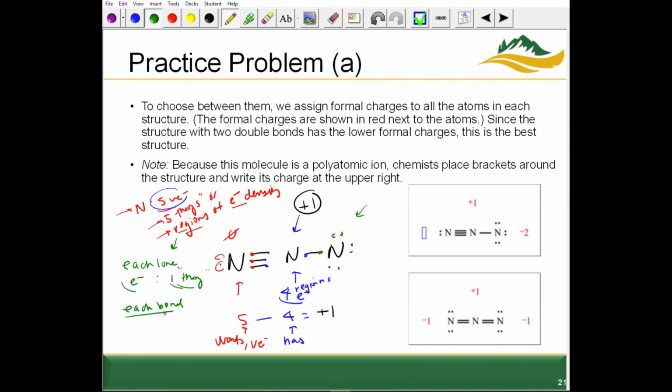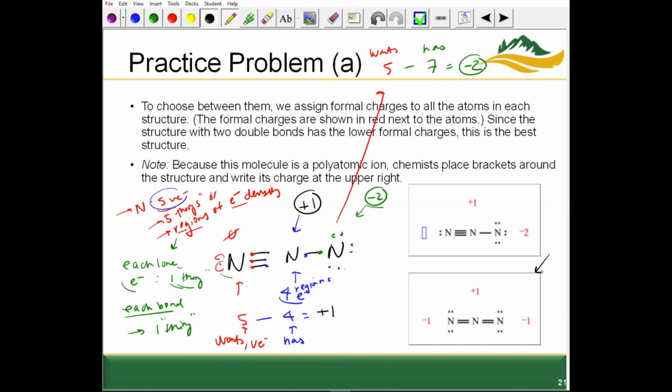Each bond coming from that atom also results in just 1 thing. So 1 because of the bond, 2, 3, 4, 5, 6, 7. So again for this one, it wants 5 because of the 5 valence electrons. It has 7. 5 minus 7 is -2. The formal charge on nitrogen in this conformation is -2. So 0, +1 and -2.